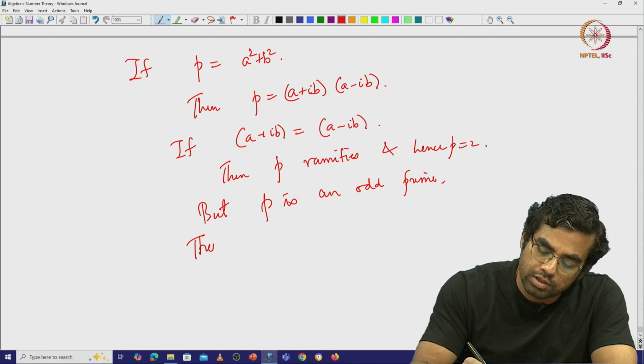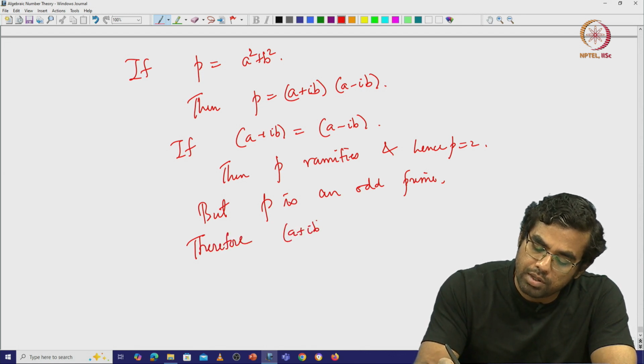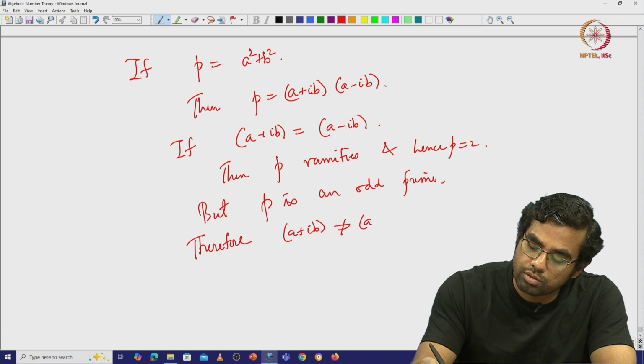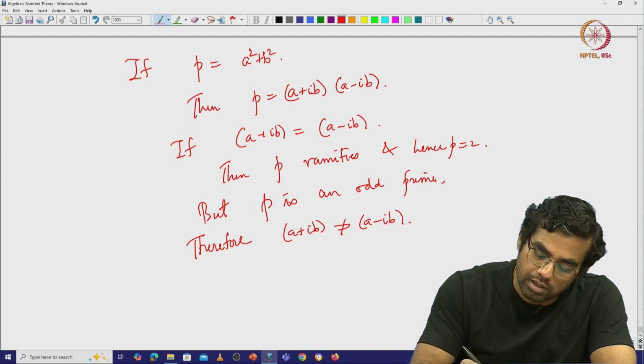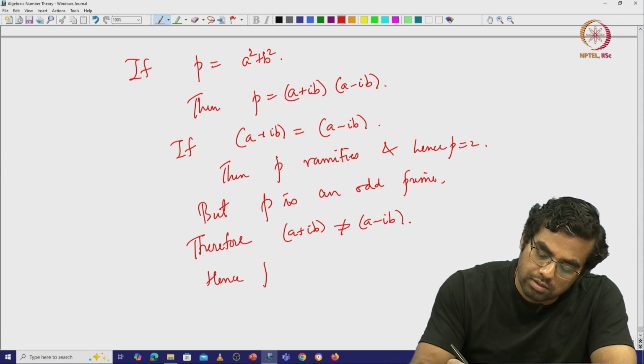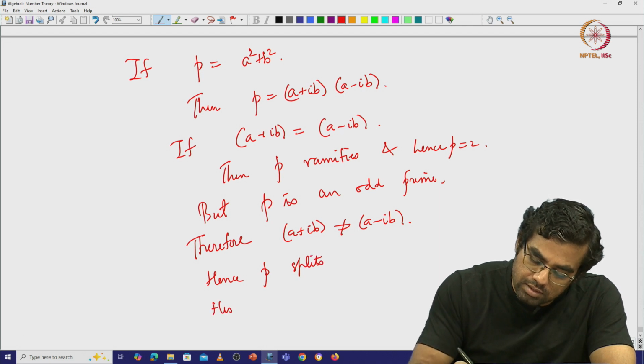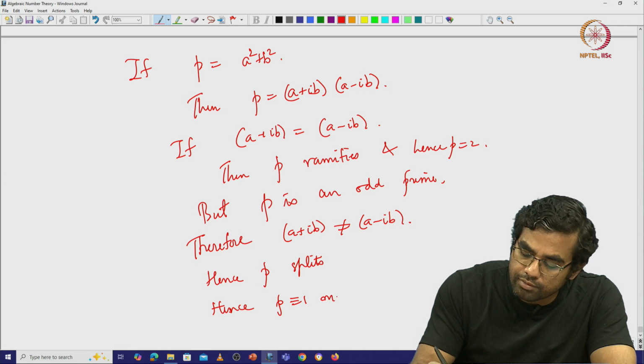Therefore these two ideals, a plus ib and a minus ib, are not equal. Okay. Hence, p splits. Hence, p is congruent to 1 mod 4.